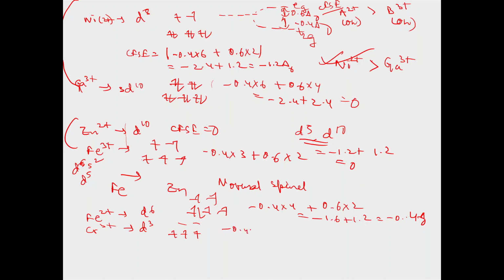So minus 0.4 into 3 plus 0, which is equal to minus 1.2 delta O.